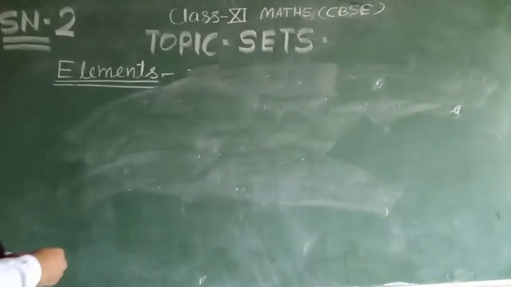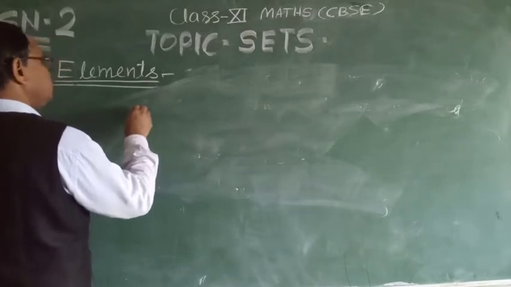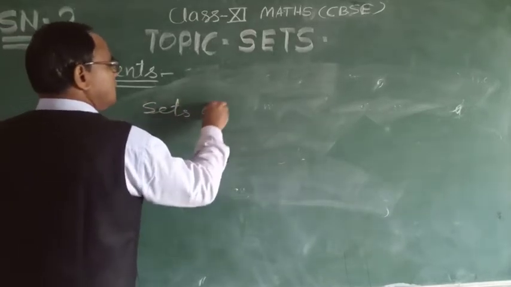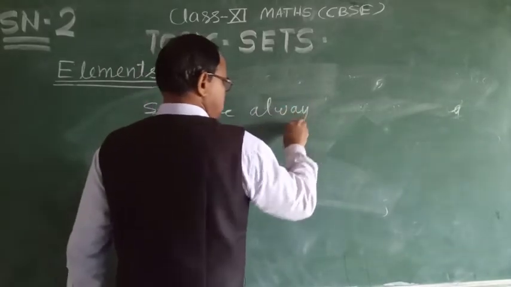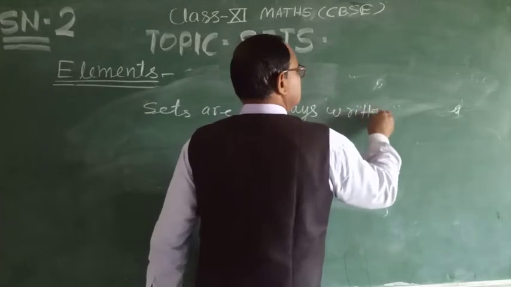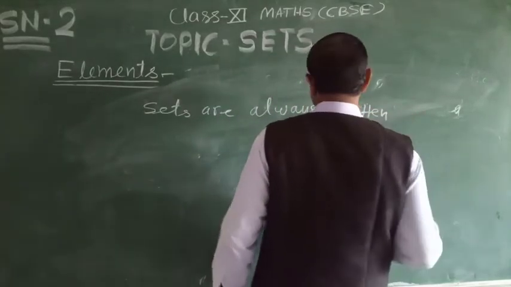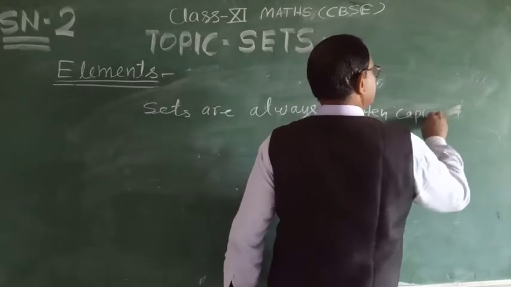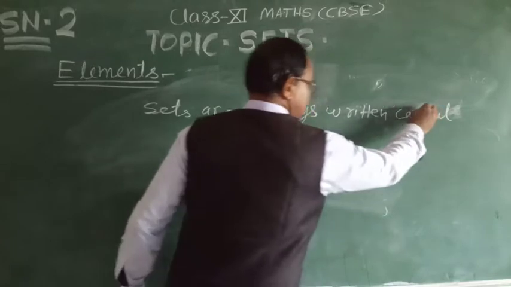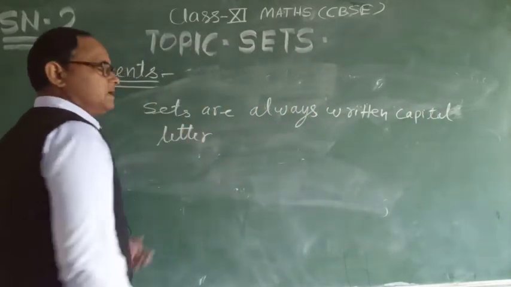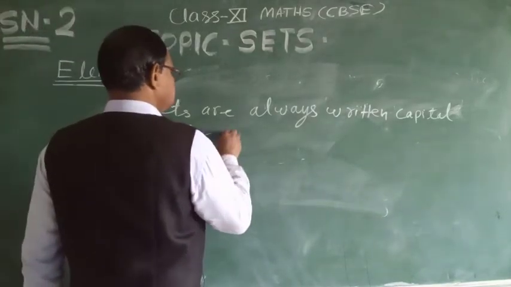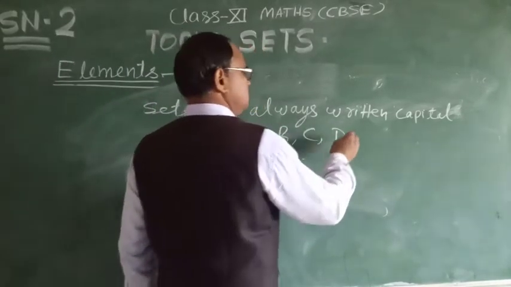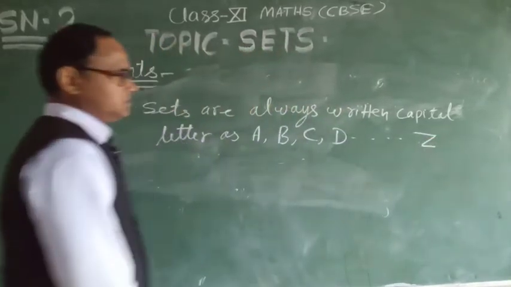Sets are always written by capital letters of English, okay, as A, B, C, D up to Z.